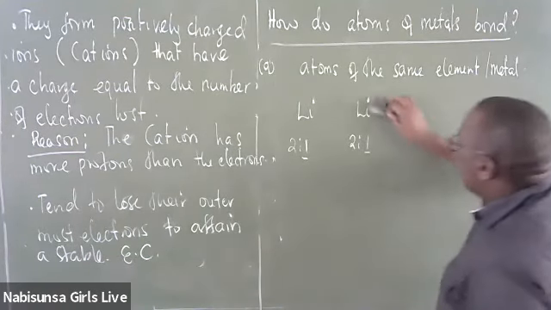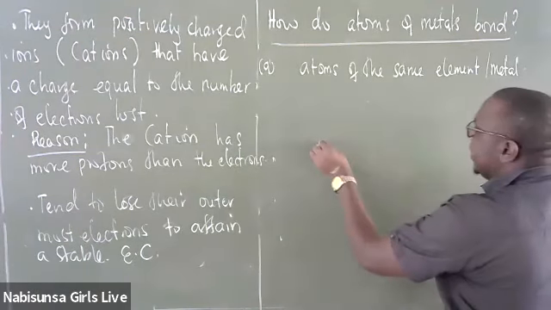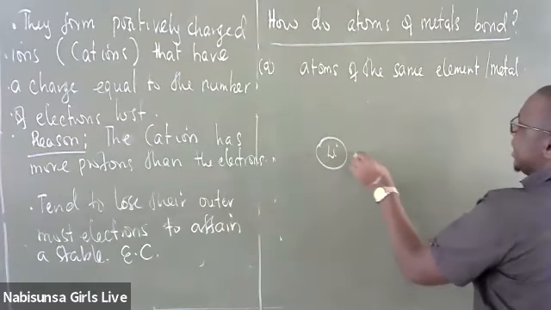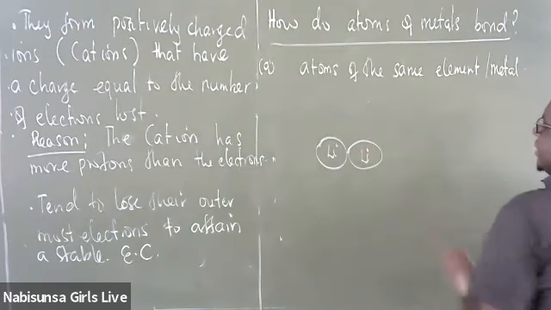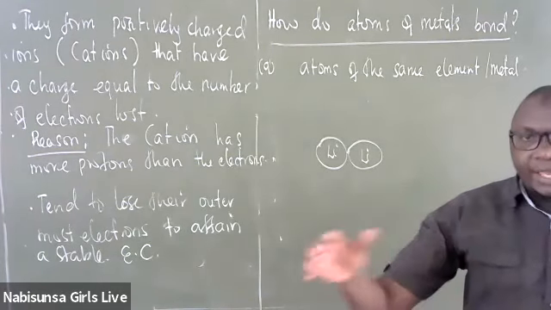Pay attention. Let me say that this is the atom of lithium. This is one particle, and another particle of lithium. They'll always tend to lose, each one will lose its 1 electron, but that 1 electron is not going to be lost far away.